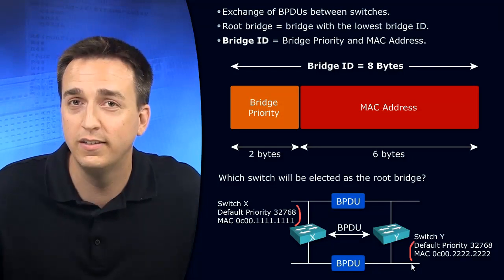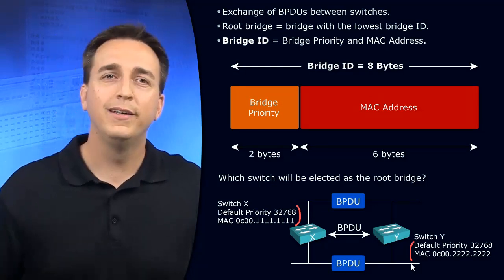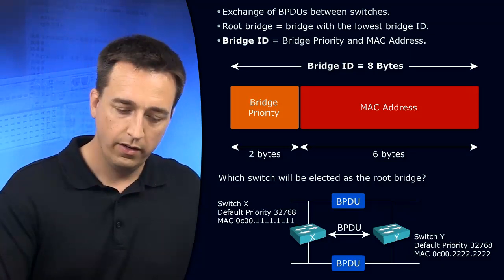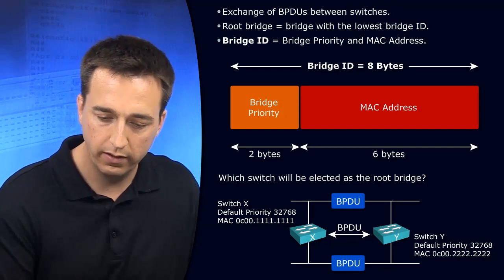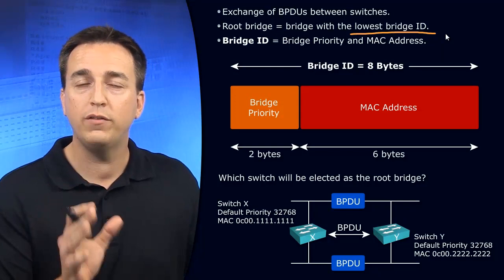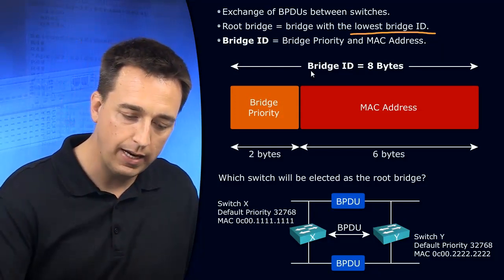Take a good look. If you're struggling with this, it's because I haven't given you all the information you need. First and foremost, we are looking for the lowest bridge ID. But you have to understand here that these two parts are taken individually.